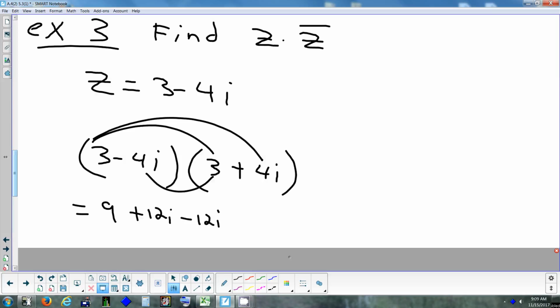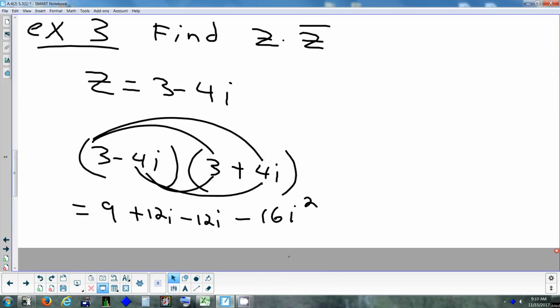Okay, so we'll come back to that in a second. We can simplify something there. And then we have negative 4i times positive 4i. Yep. 16 i squared. That's negative. Right, it's a negative times a positive, so it's a negative 16i squared.